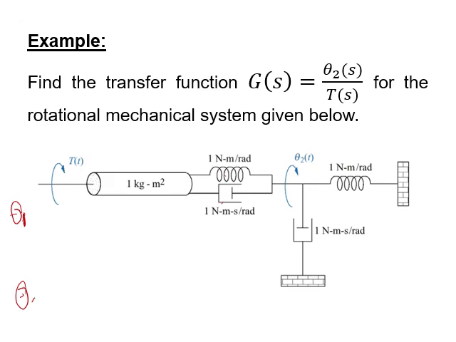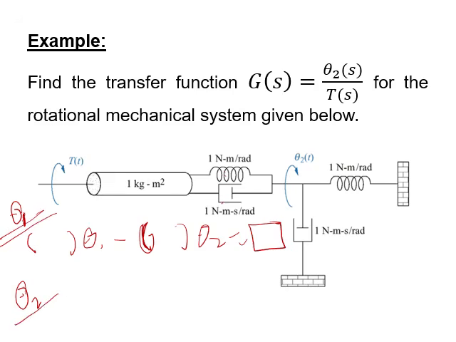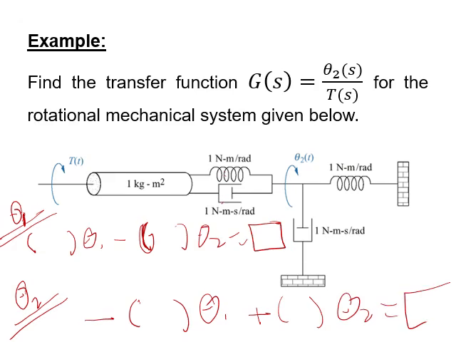And then theta 2. For the equation of theta 1, we are going to write it such that bracket theta 1 minus bracket theta 2 equal to total torque. And when I am at equation 2, we can write it as minus bracket theta 1 plus bracket theta 2 equal to the total torque.